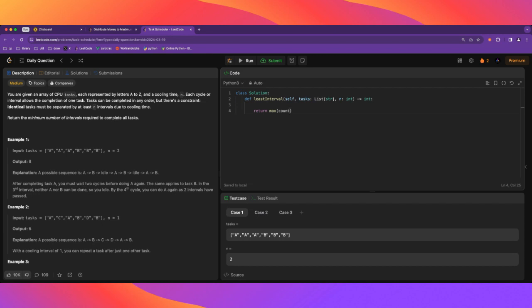So the count, so notice that we don't care about the letters, we only care about the values. So that's why we can count the tasks, the letters, and only get the values, because we only care about the frequencies. And we want to count the frequencies, counter.